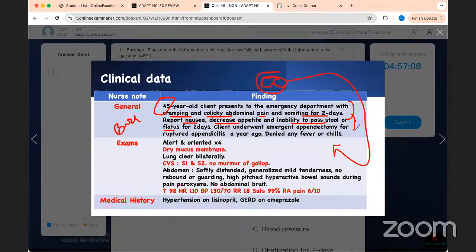Keep on trying to connect to that. Otherwise, then you'll be guessing. You should be able to tell me 2 or 3 things that is happening. 45, sudden onset of colicky abdominal pain, cramping, vomiting for 2 days, cannot take anything, and has not passed gas or flatus. That is your clue.